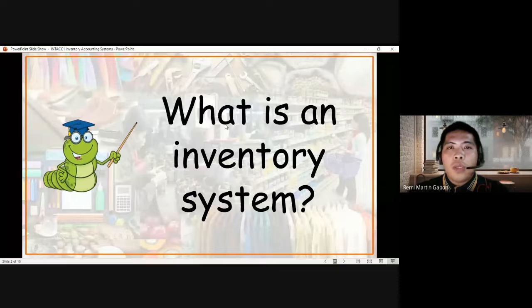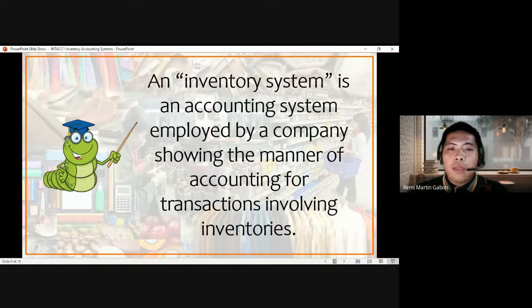So to answer the question, what is an inventory system? Inventory system is an accounting system employed by a company showing the manner of accounting for transactions involving inventories. Meaning, inventory system is just the manner of accounting the transactions that involve inventories. So all the purchases and sale transactions that relate to inventories.